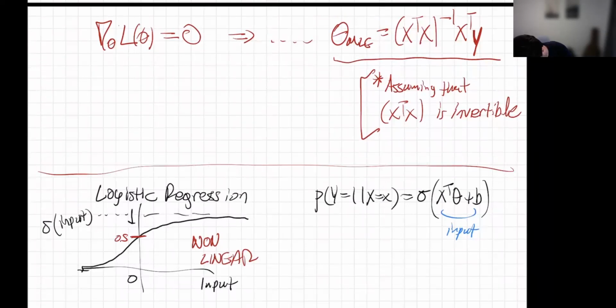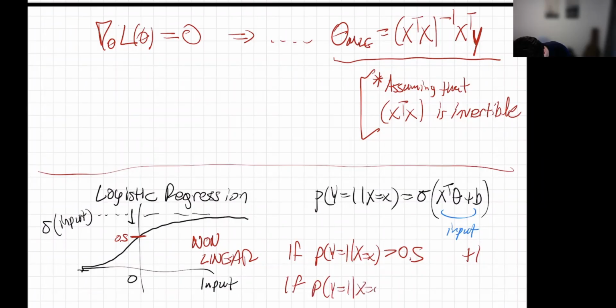If P of y equals 1 given x is greater than the threshold, I'm going to ignore equality right now, we'll have an arbitrary tie breaking, then say positive. If the probability is less than the threshold, I'm just going to call it negative. That's how we get a hard binary classification rule, starting from this estimate for the probability of y equals 1.